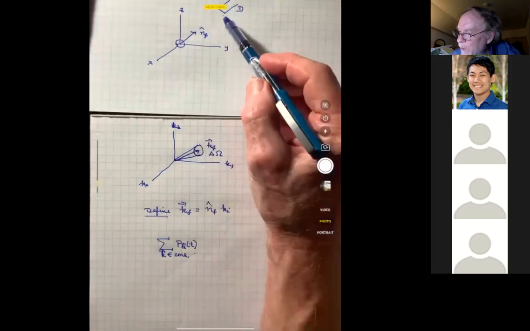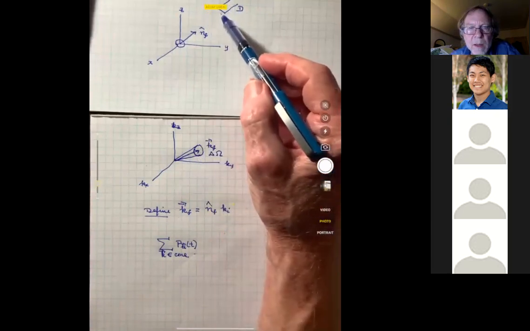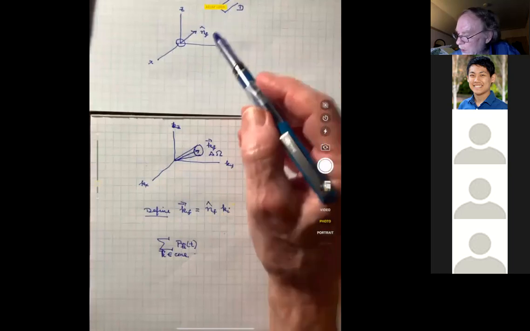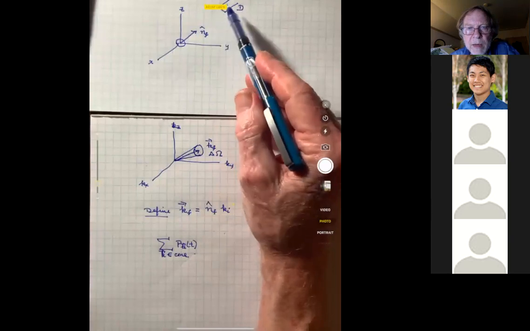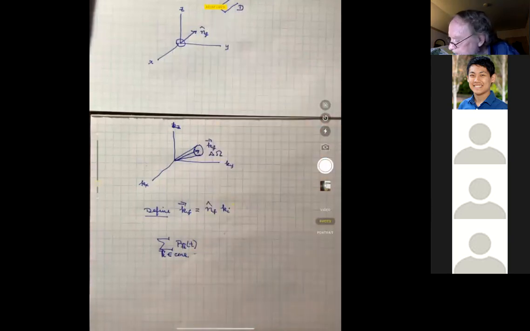And if that's the same cone of solid angle that's subtended by the detector in real space, this can be translated into the counting rate as seen by the detector. All right. So this is the transition probability to be inside the cone.